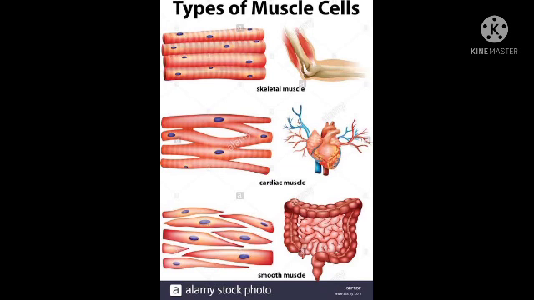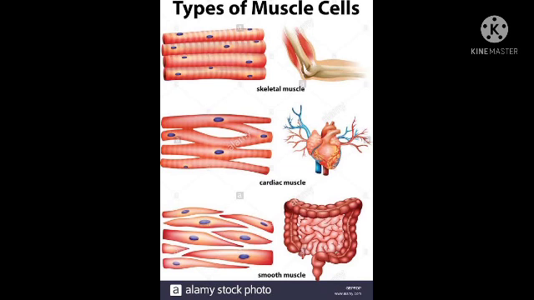And the next type of muscle is, yes, cardiac muscles. Cardiac muscles are present in the heart, and cardiac muscles are the specialized involuntary muscles which are present in the heart. So these muscles also come under involuntary muscles because we have no control over their movement. We cannot control the function of the heart.